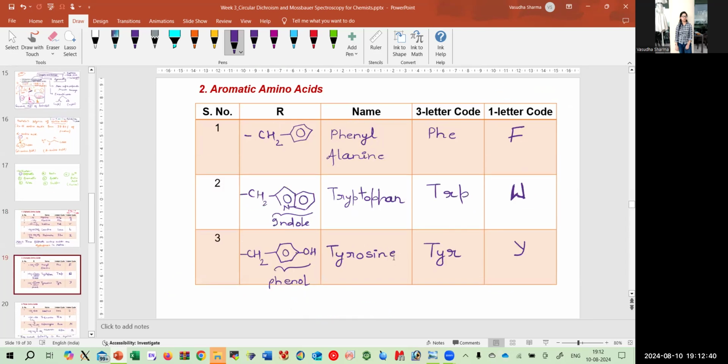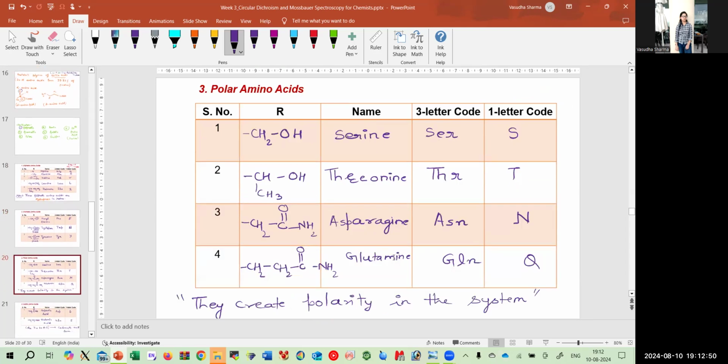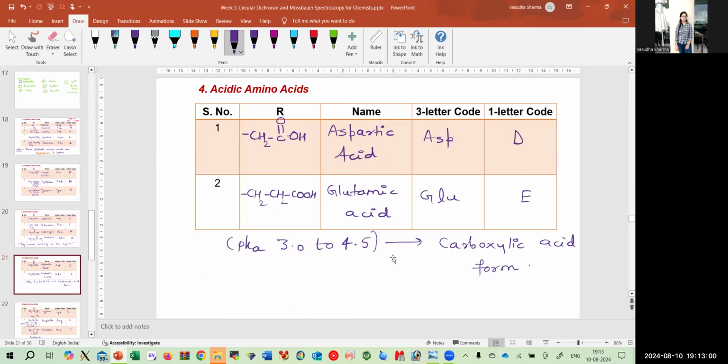Similarly, for aromatic, we have phenylalanine, tryptophan, which is given as TRP and W, and tyrosine, which is given as Y. Followed by polar amino acids, because they have an OH or NH2 group: serine, threonine, asparagine, and glutamine. So STNQ.